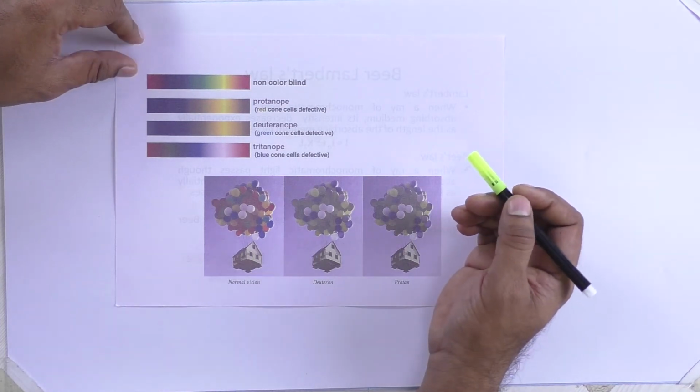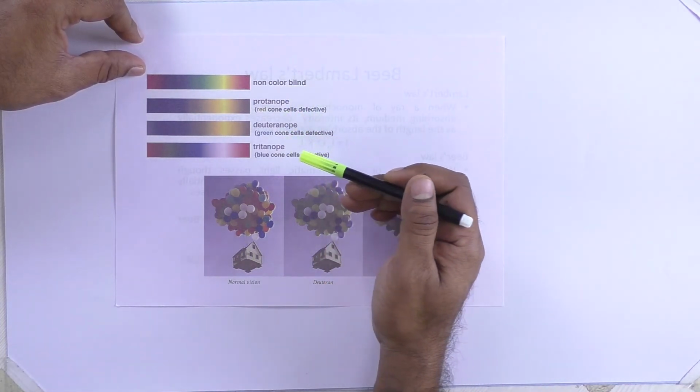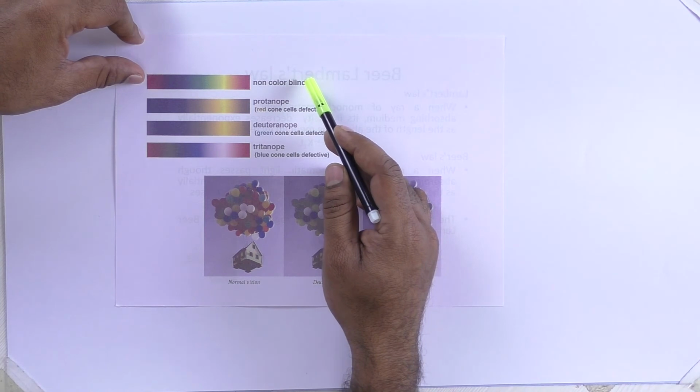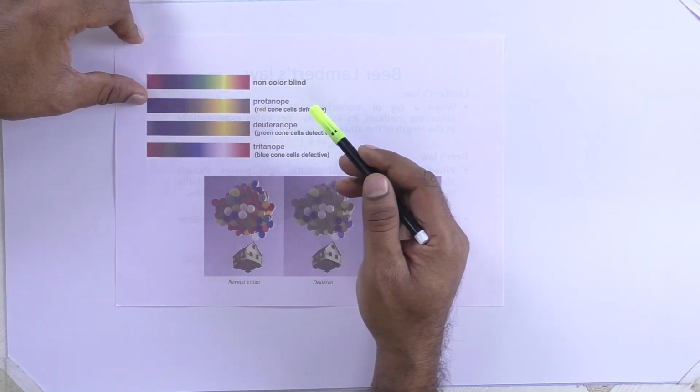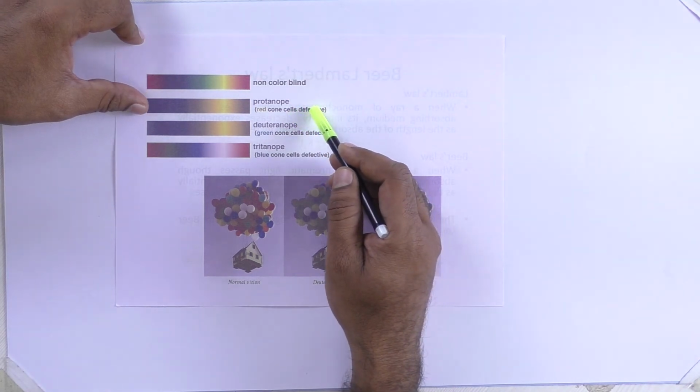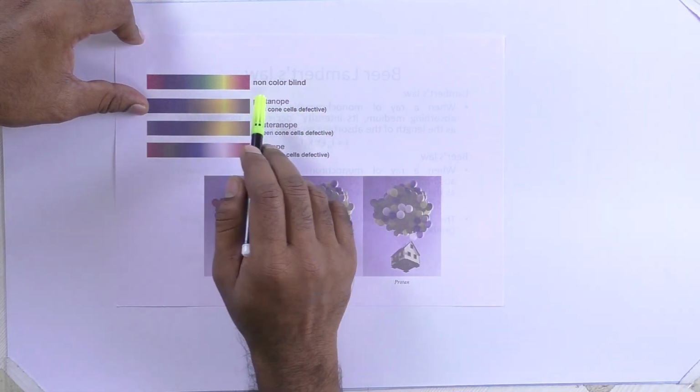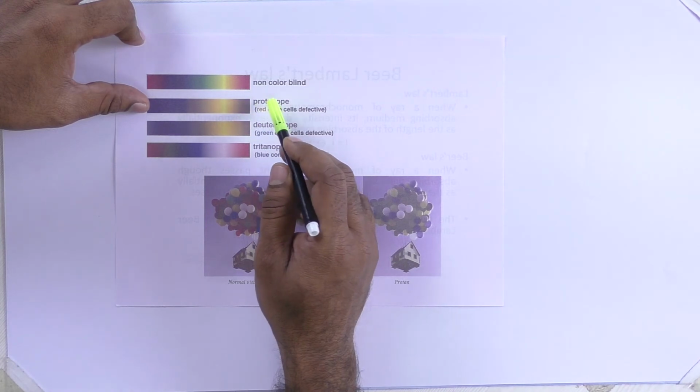Color vision defects. There are three color vision defects. The first one is non-color blind, so there is no blindness. Protanopia is a red cone cell defect, so we cannot perceive the red colors in this defect.